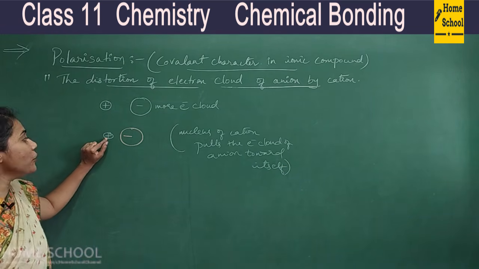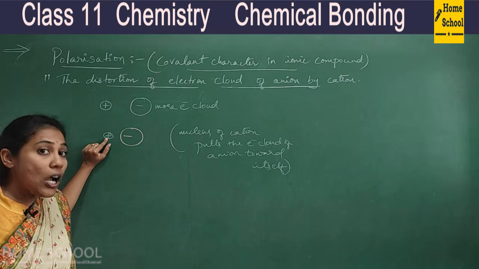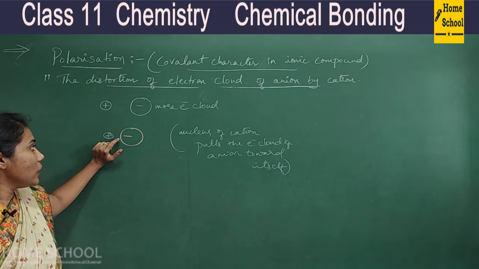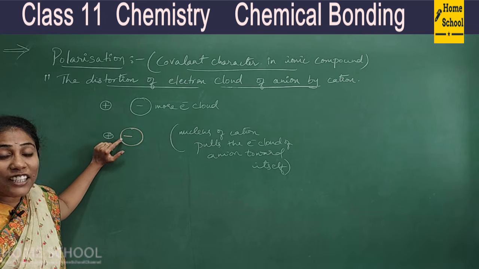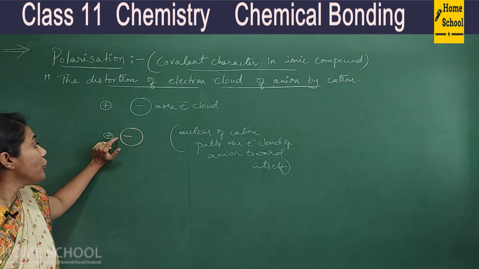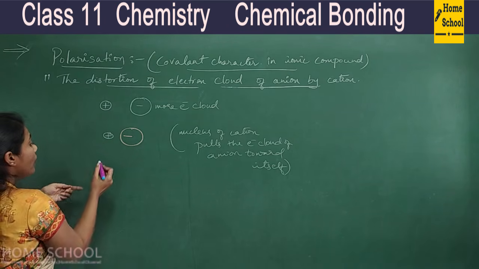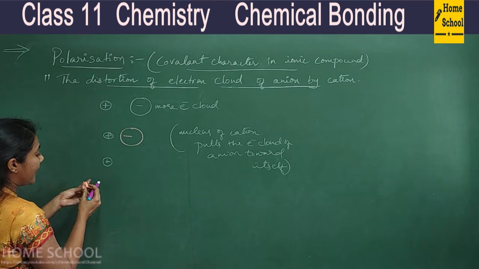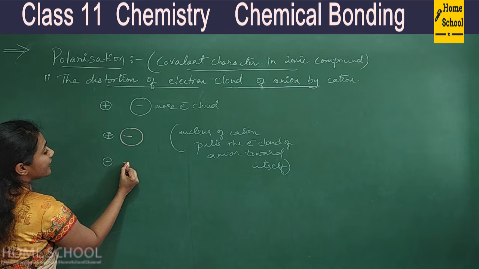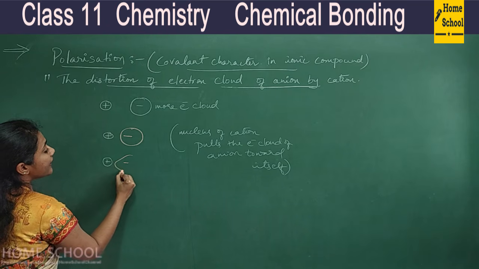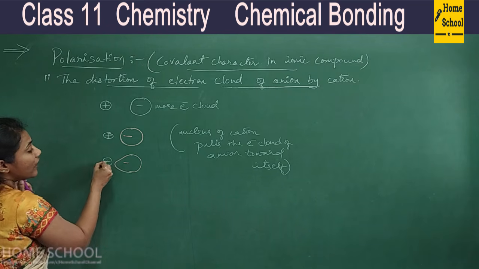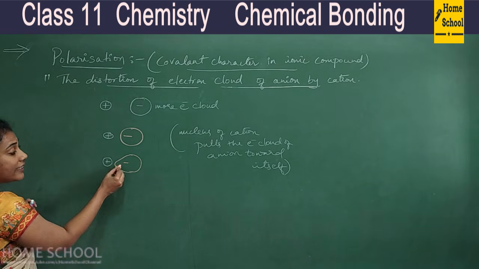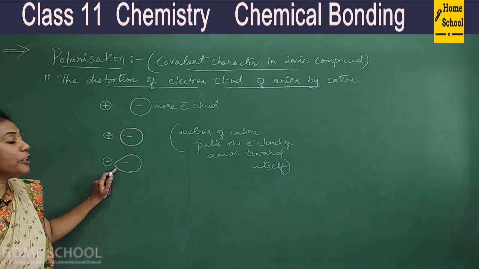So the positive charge of the nucleus is very strong in the cation. This guy will see the electron cloud. Since there is an attraction between positive and negative, the electron cloud will tend to move more towards the cation. The cation stays as it is, but the electron cloud is slightly moving towards the positive charge. Here deviation of ionic character took place.